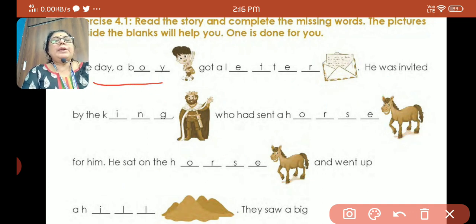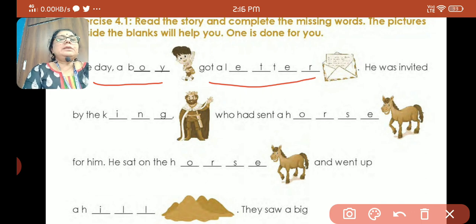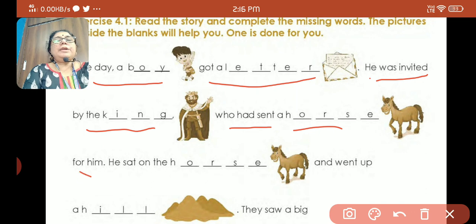One day a boy got a letter, full stop. He was invited by the king, who had sent a horse for him. He sat on the horse and went up a hill.